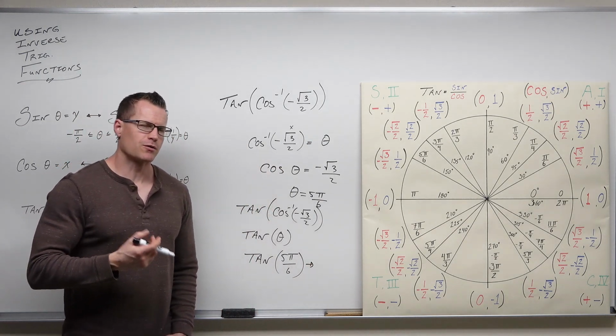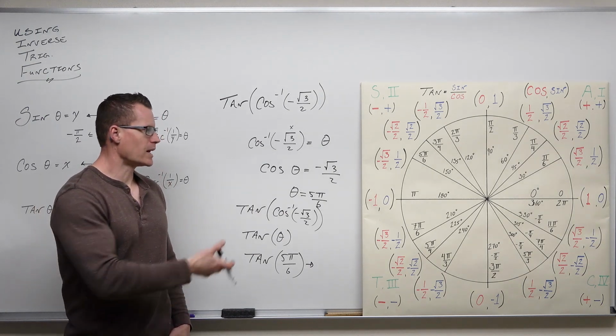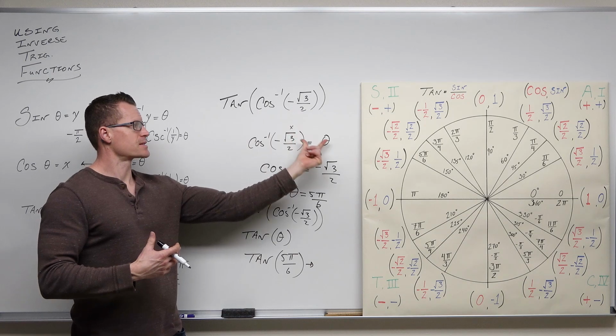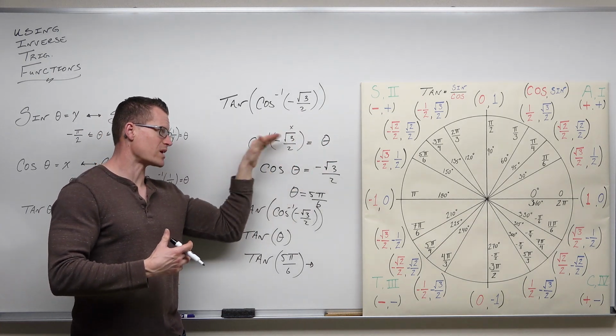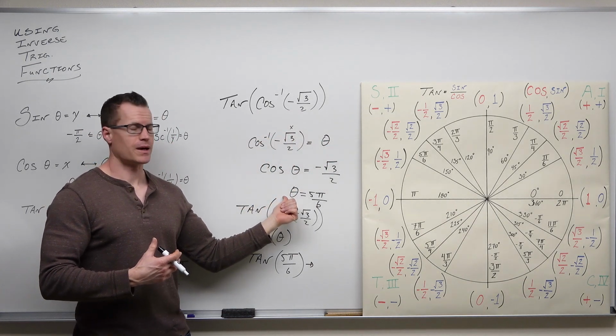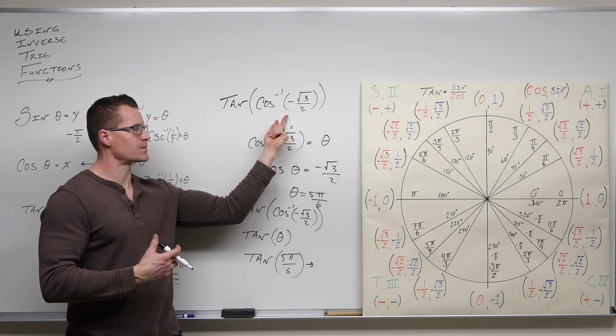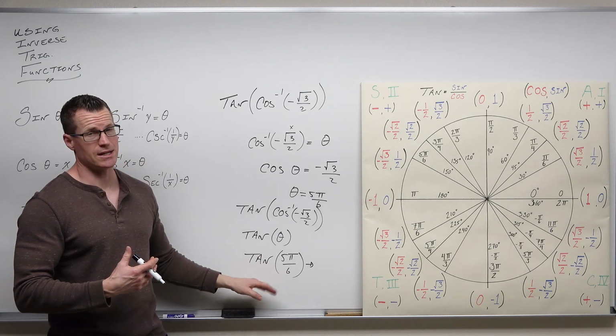Personally, that's a little bit of overkill for me, but some people like to show all that work. The way that I would normally do this is identify this as an angle, use your unit circle right from here, find the angle, and then because this is equal to this thing, you can substitute that. It's a direct substitution, you get right down to here.